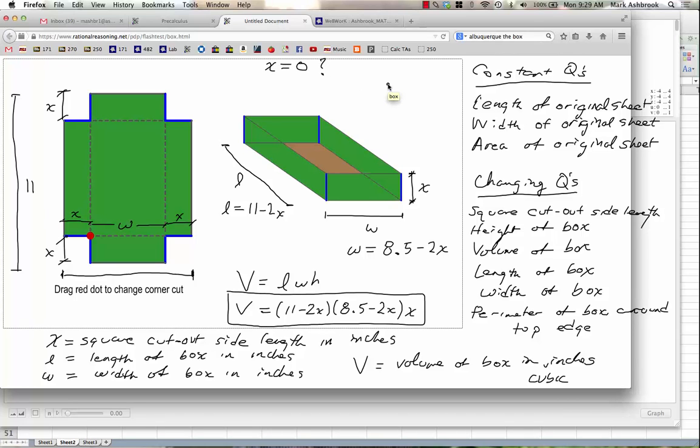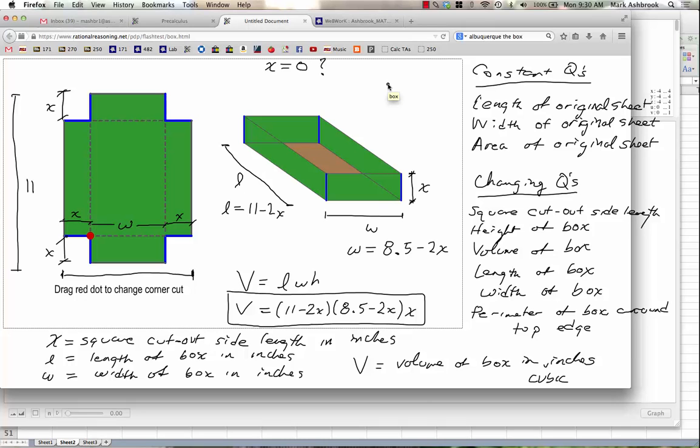Is it physically possible? Does it work? Because what? So can we cut out a square with side length 0? The smallest number that we can have is x greater than, or I guess it's 4.25. Smallest number of x? We're talking about the smallest number of x that we could have.